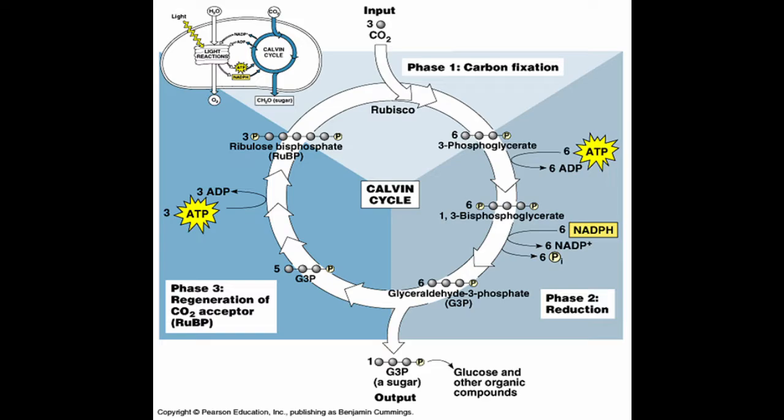ATP and NADPH use their energy to convert the 6 3-carbon molecules into 6 G3P molecules, which are sugars. One G3P molecule is released to eventually form glucose when it combines with another G3P molecule. The other 5 G3P molecules are converted back to RuBP with the use of ATP to repeat the cycle.